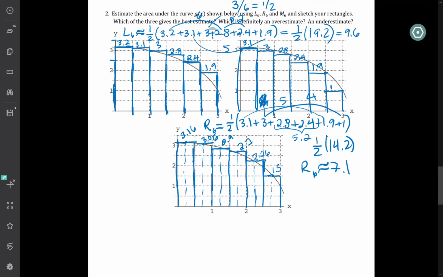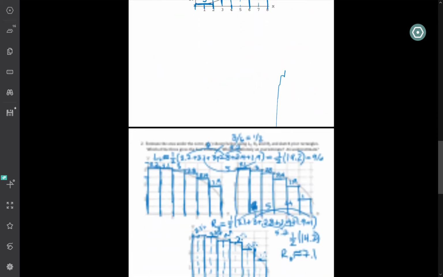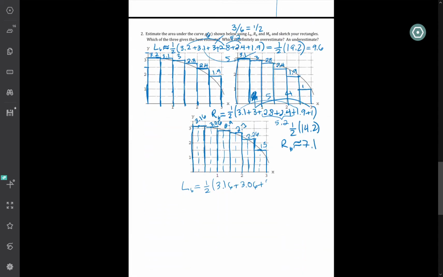Okay, so for L sub 6, we get 1/2 of 3.16 plus 3.06 plus 2.9 plus 2.7 plus 2.26 plus 1.5.